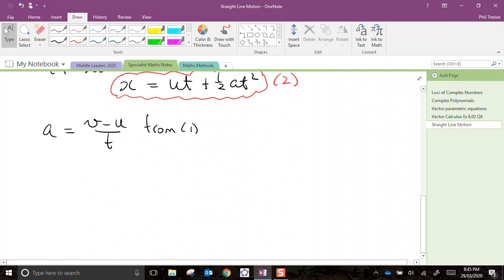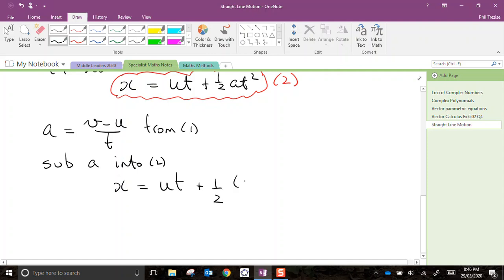Now if I substitute this into equation 2, I'll be left with x equals u times t plus 1/2.